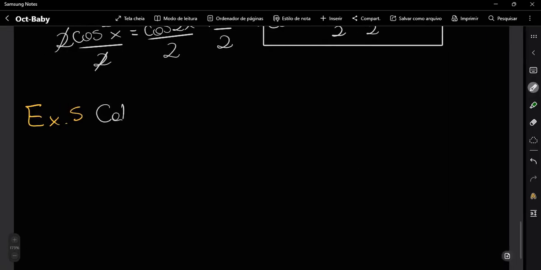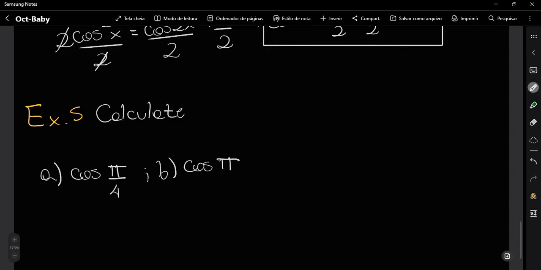And it asks us to calculate a, cosine of pi over 4, b, cosine of pi, b is sine of pi over 4, and c, which is cosine of pi, and d, sine of pi.